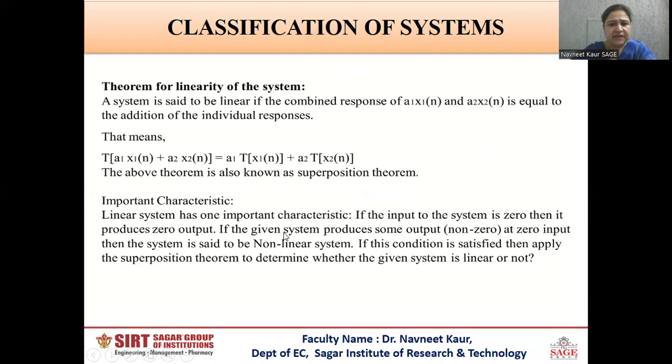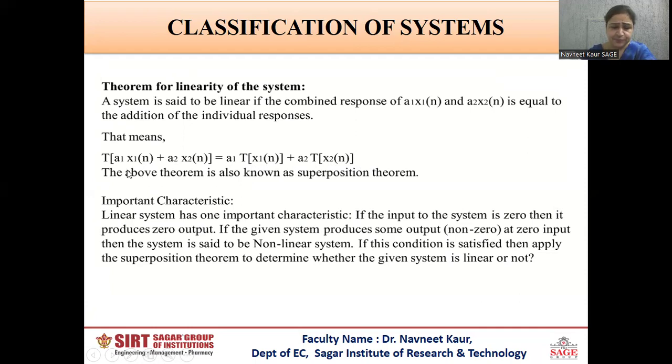Similarly, if the combined input of a1 x1[n] and a2 x2[n] is given to the system, then I will get the addition of the individual responses from the system. When a1 x1[n] plus a2 x2[n] is given to a particular system, a linear system will give a1 times the transformation of x1[n], that is y1[n], plus a2 times the transformation of x2[n], which is y2[n].